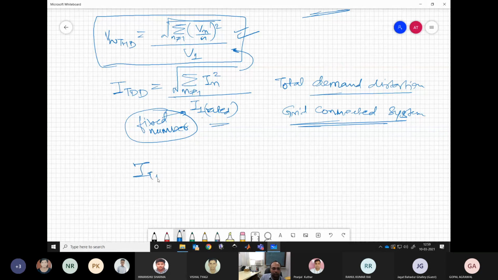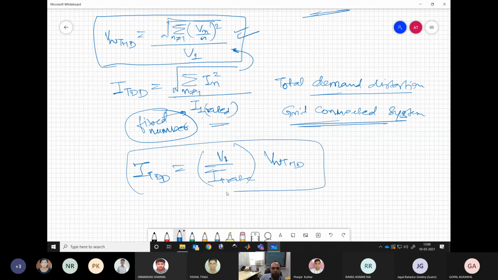So ITDD is nothing but 1 by I1 rated into V weighted THD, and maybe this V1 is also coming over here. So if for every value you scale it with your desired V1 and the rated I1, then this can be correlated with your weighted THD. This is the difference between all these performance metrics.